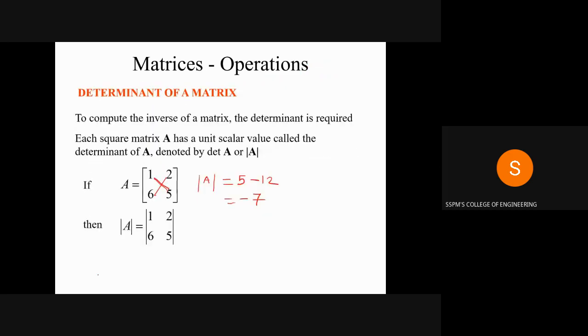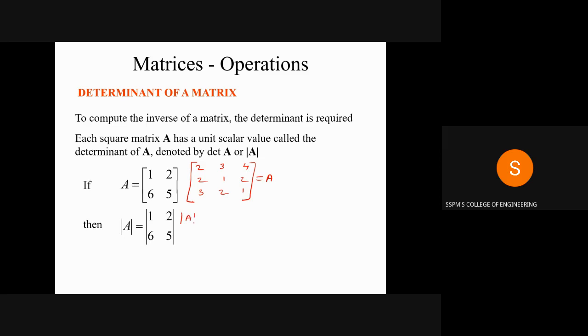Now how do you find the determinant of 3 cross 3 matrix? Let's take an example here. 2 3 4, 2 1 2, 3 2 1. Suppose this is matrix A. What is determinant of A?